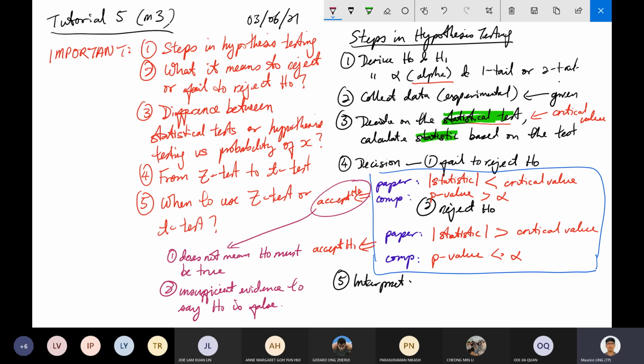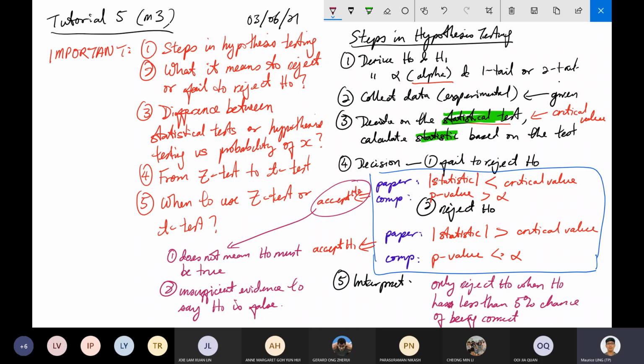Because remember, you only reject your null hypothesis when, in general, the null hypothesis has less than a 5% chance of being correct.